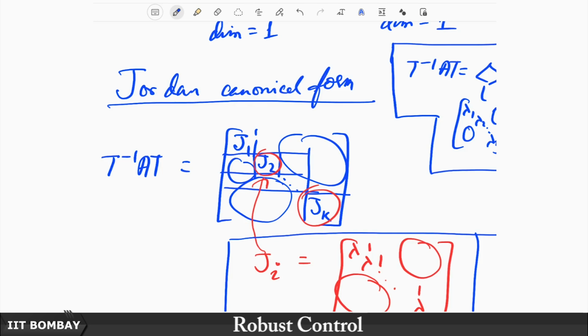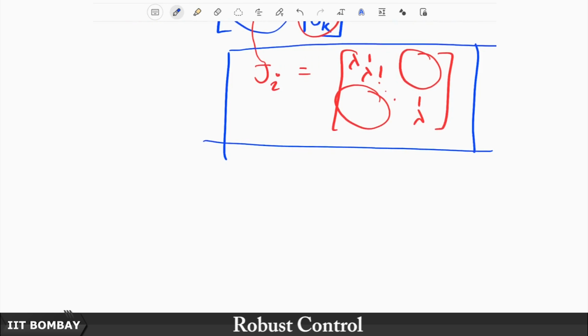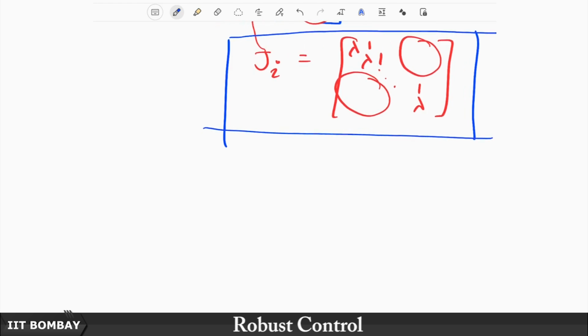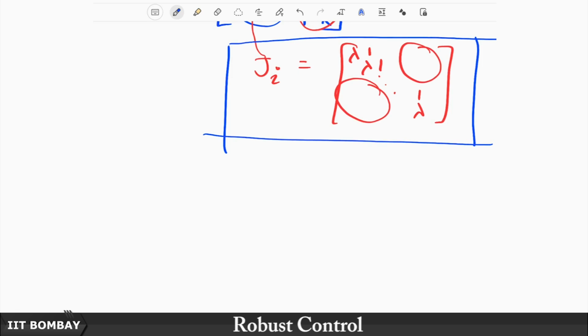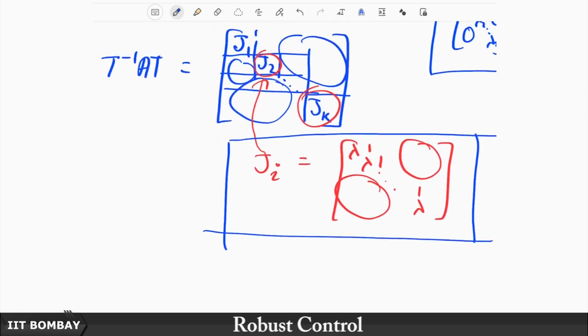So, now that we are past it, let us go back to looking at this individual Jordan block and try to find out what other beautiful or attractive features it has. Look at this Jordan block form here now.